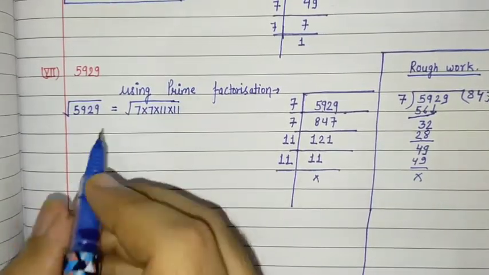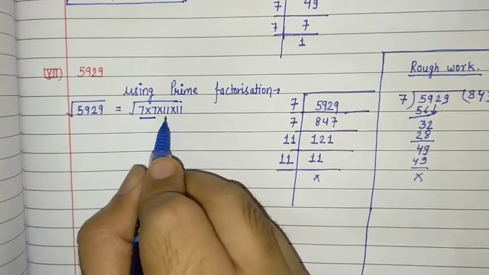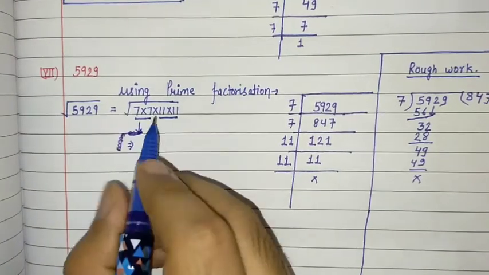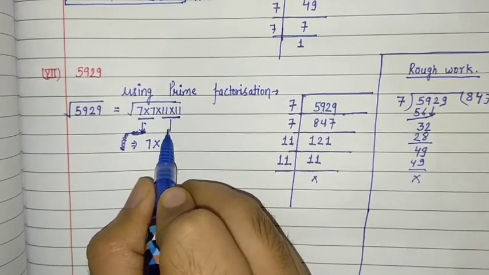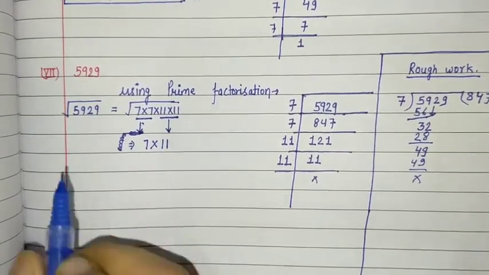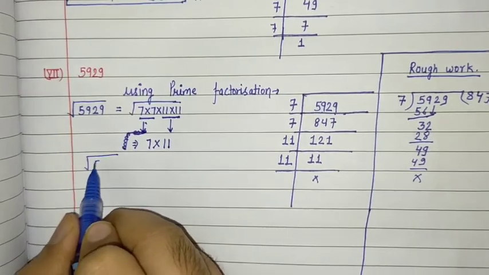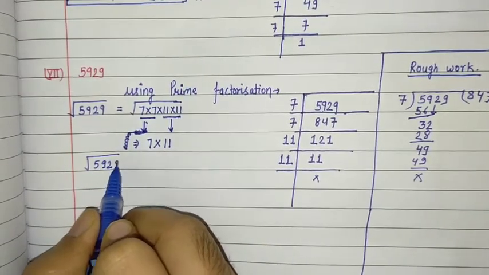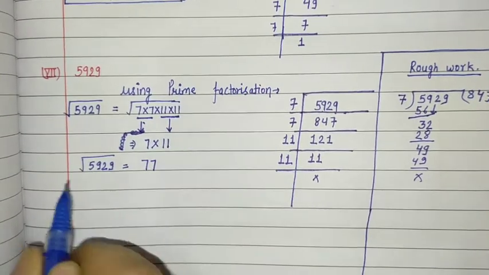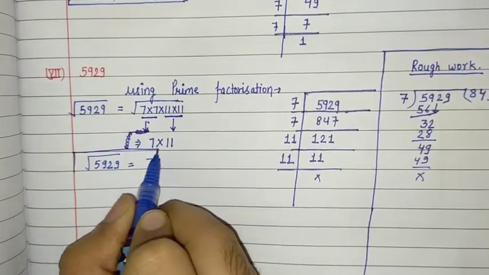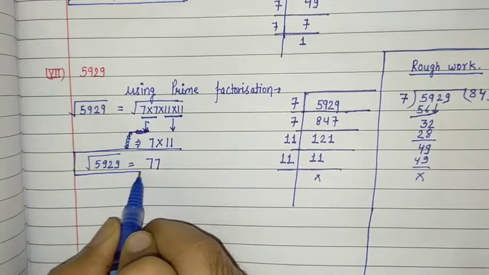Now the next step is to do the pairing. One pair of 7, one pair of 11. One 7 goes outside, and one 11 goes outside. So the square root of 5929 is equal to 7 into 11, which is 77. This is the answer.